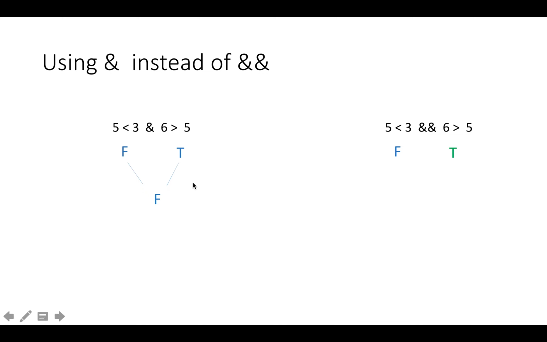So here it was false, it is false here too, but the big difference is that the computer doesn't check this condition, because if you have a false and you have an AND, we know exactly that at the end the condition will be false, but in this case the computer checks both inside. I mean, I'm talking about at the execution time, but in this case it only checks the first one. If it is false, it assumes that at the end it will be false. So that's the way it works. Yeah, that is the way it works in the conditionals.